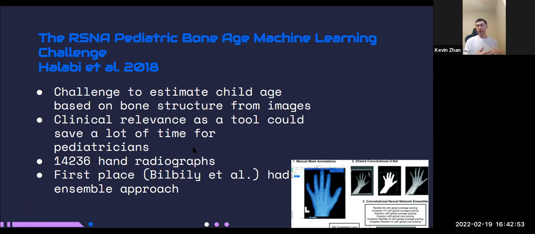So having a quick machine learning tool would be quite helpful. They used around 14,000 images, and the first place had an ensemble approach, which was to take the output from a lot of these CNN models and group them together to create a prediction.